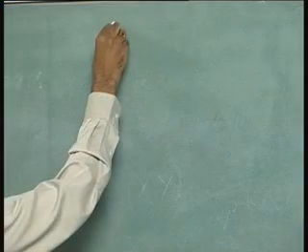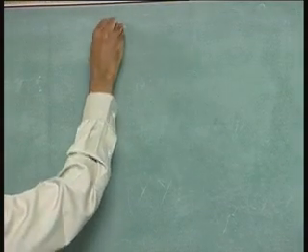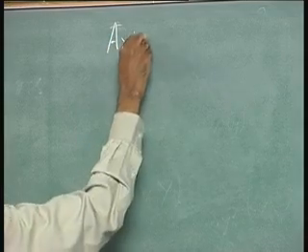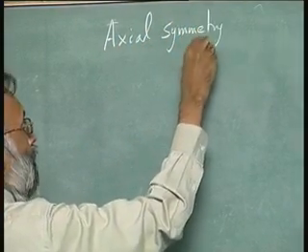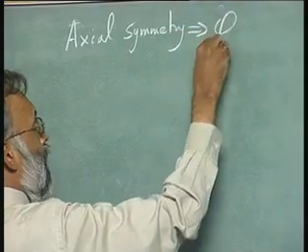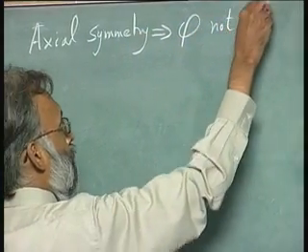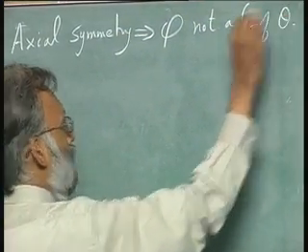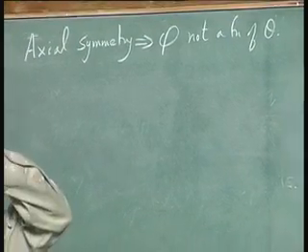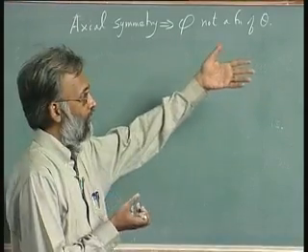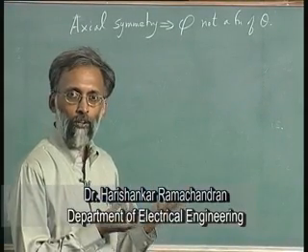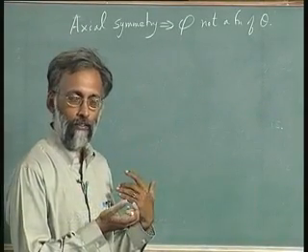First, I say axial symmetry, so phi is not a function of theta. Since if I rotate the cylinder, it looks like the same problem, the answer cannot depend on the exact value of theta.